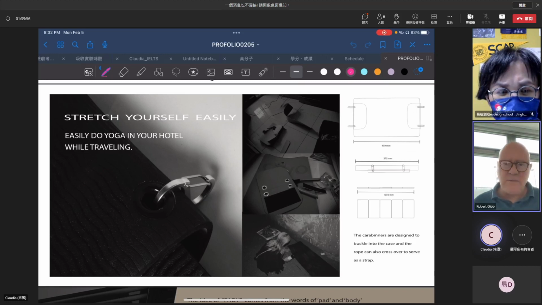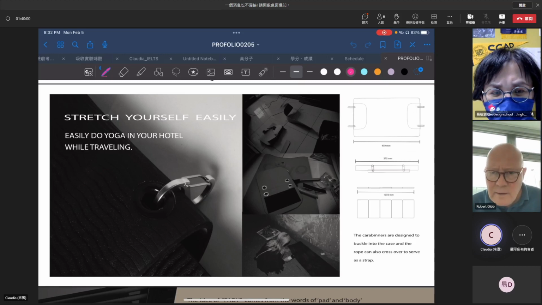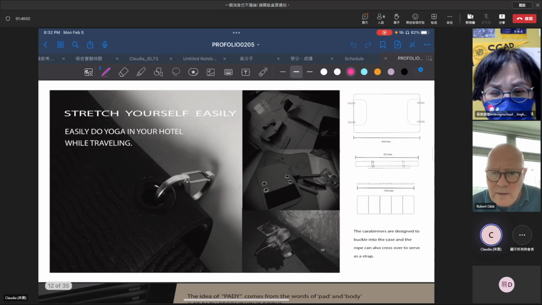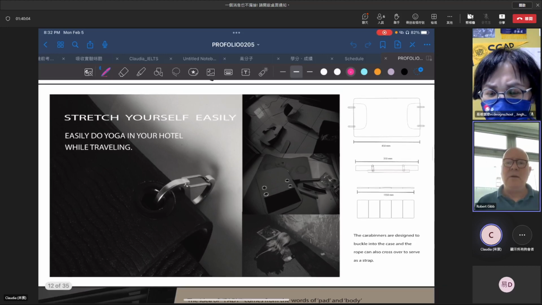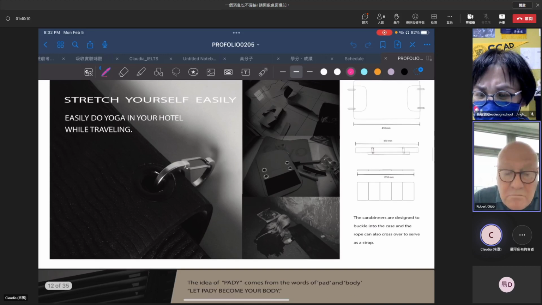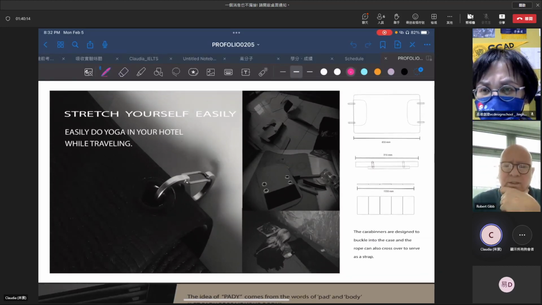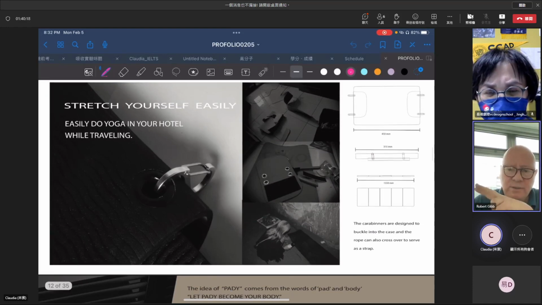So it forms part of a suitcase, yeah? Yes. Okay. And it folds up. It doesn't roll, it folds. Okay, interesting. So it serves as a strap as well. So it's got two functions.